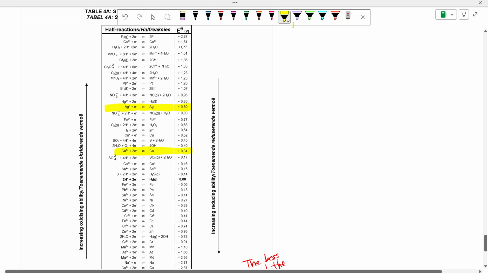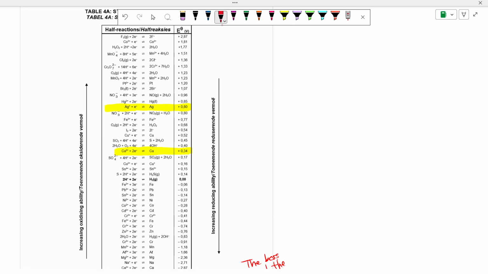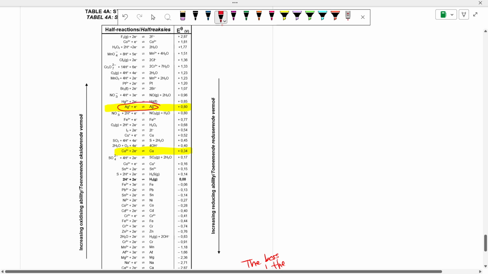The E naught is plus 0.34. That's why we see Ag becoming exactly the way it was, because it has a high E naught. Then copper swaps. In the table itself, it was given like this in terms of reduction. That's why we call the tables standard reduction potentials.